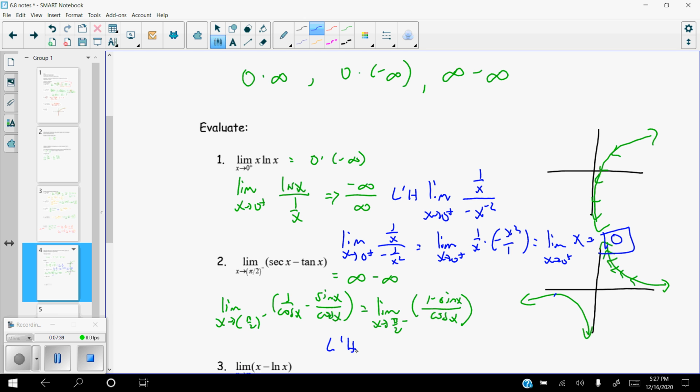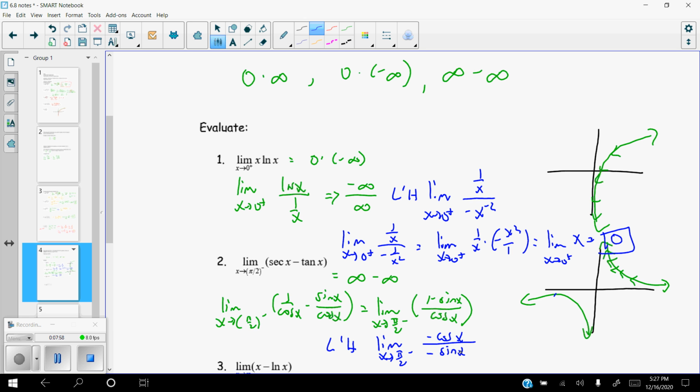So if we apply L'Hopital's rule, we'll now take the limit as x approaches pi halves from the left, take the derivative of the numerator. The derivative of 1 minus sine of x is going to be minus cosine of x. The derivative of cosine of x is negative sine of x.